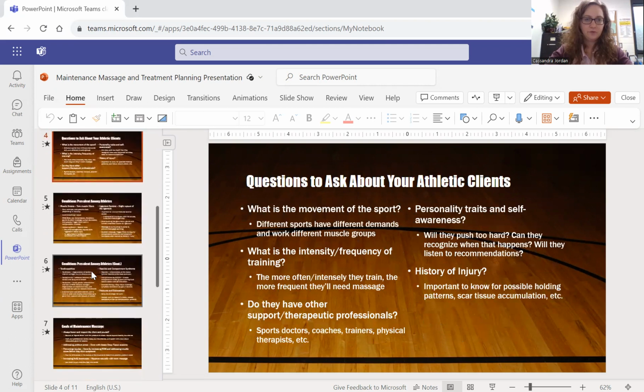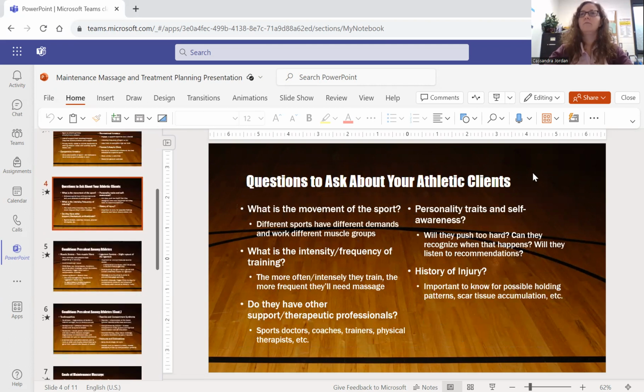Here we go. So, regardless of who your athlete is, what category they fall into, there are still some questions that we need to ask ourselves about working with these clients. So one is, what is the movement of their sport? Different sports have different demands on the body, and they work different muscle groups. So a marathon runner is going to have a different physique and be prone to different injuries than, say, a boxer.